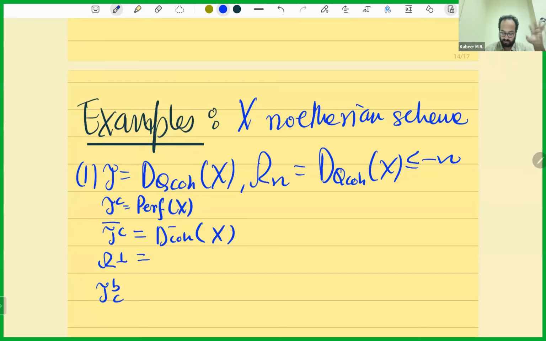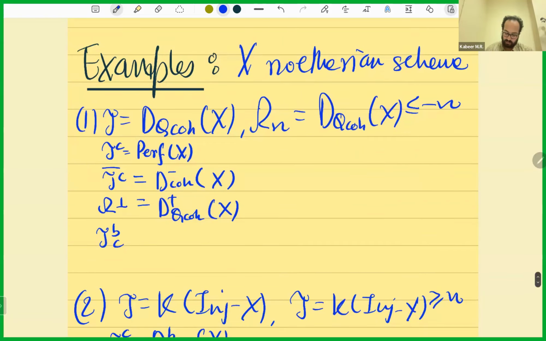And in the non-Noetherian case, these will turn out to be the category of pseudo-coherent complexes, but let me not get into that. The orthogonal to the metric is just D plus, bounded below complexes, and T^b_c is just the bounded derived category of coherent sheaves, or bounded complexes of sheaves with coherent cohomology. So all of these are well-known subcategories.